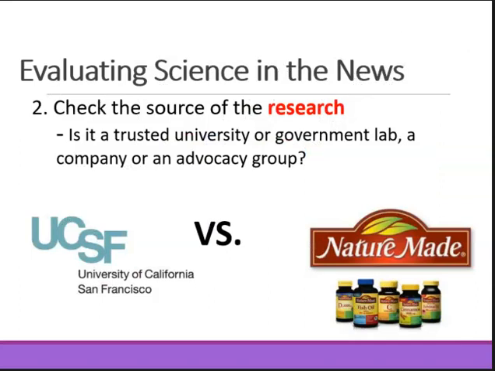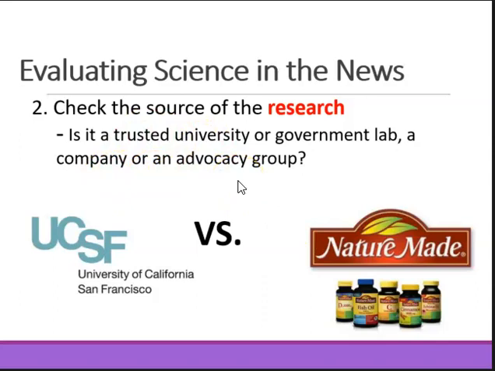Another way to evaluate science in the news is to check the source of the research. Would a trusted university or government lab be more reliable versus a company or an advocacy group? I would think so.